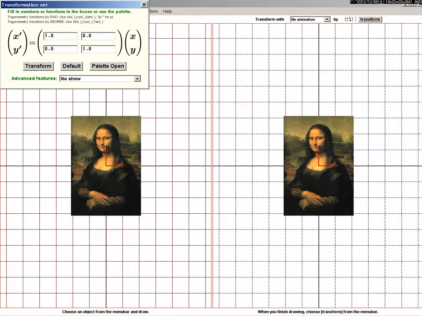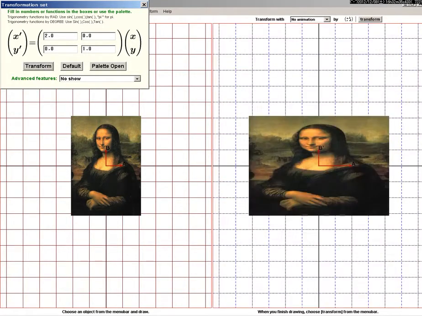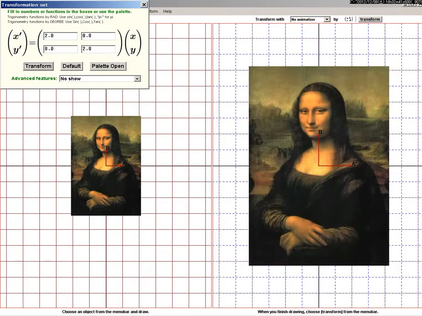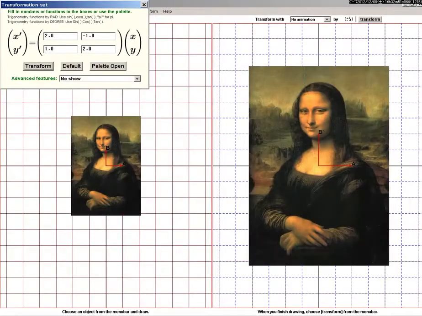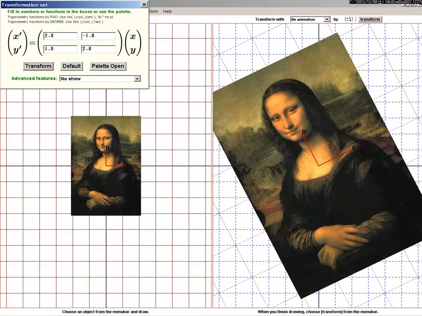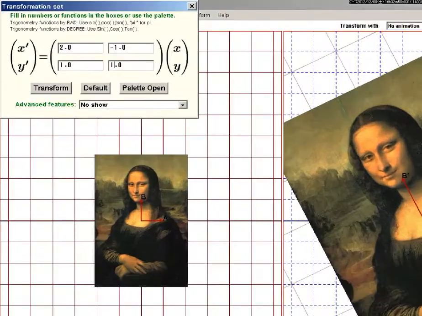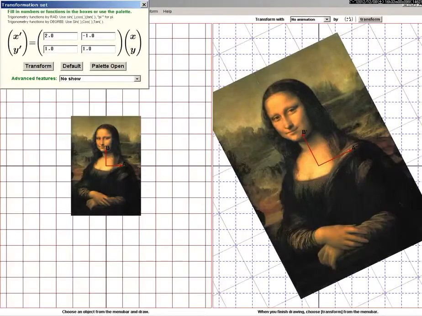So let's play with her. 2, 0, 0, 1. 2, 0, 0, 2. 2, 1, minus 1, 2. 2, 1, minus 1, 1.